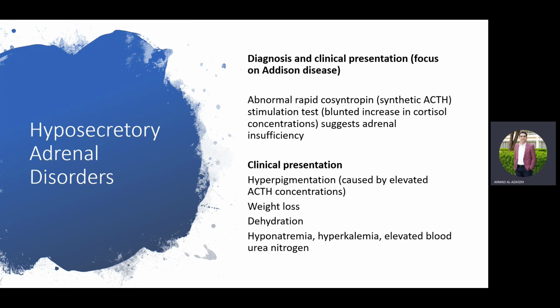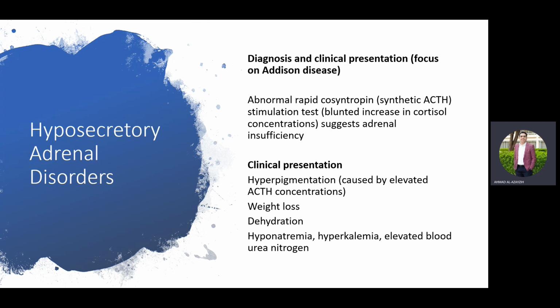What do you expect? You expect elevated ACTH due to the feedback mechanism. Low level will tell the brain to produce more ACTH, hyperpigmentation, weight loss, dehydration, hyponatremia, hyperkalemia, elevated blood urea nitrogen.